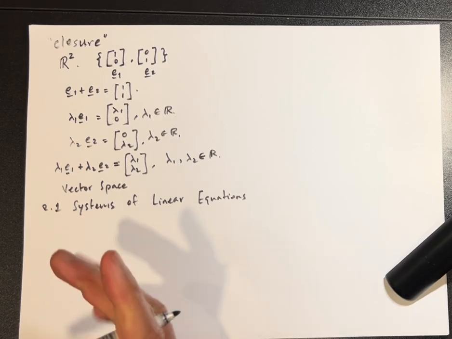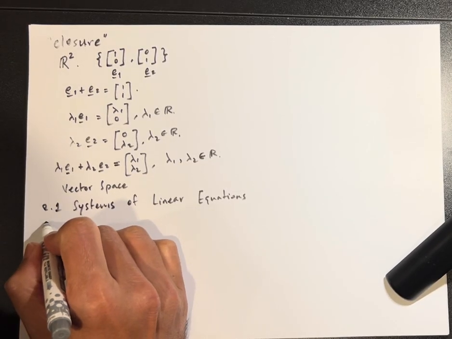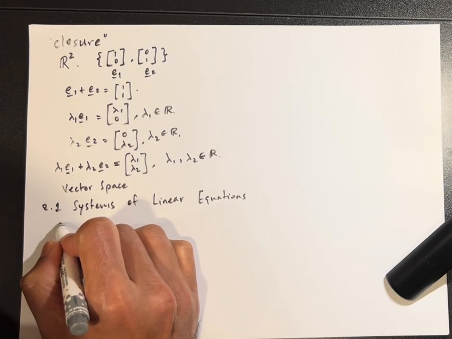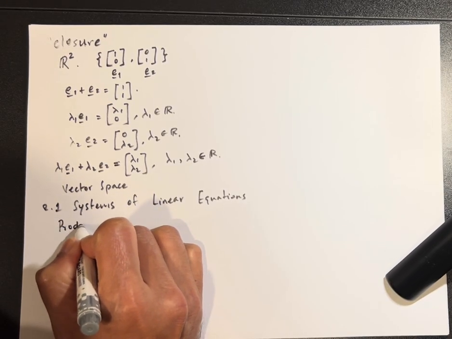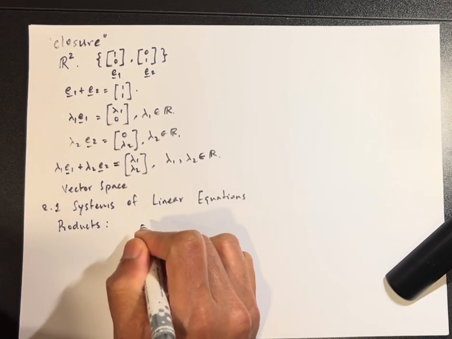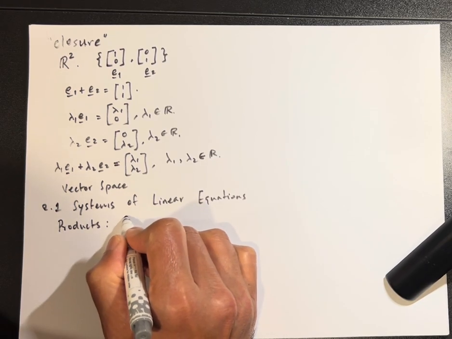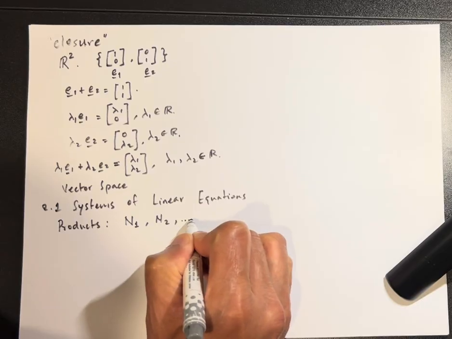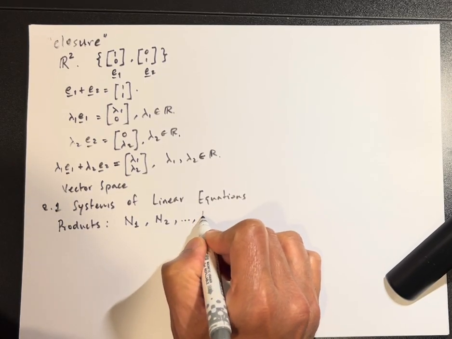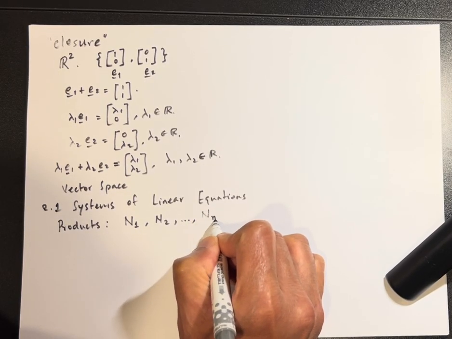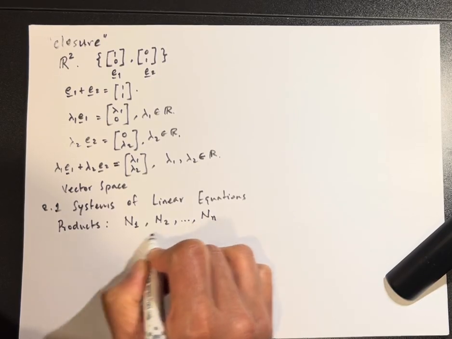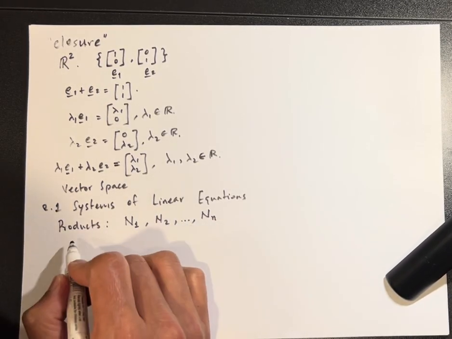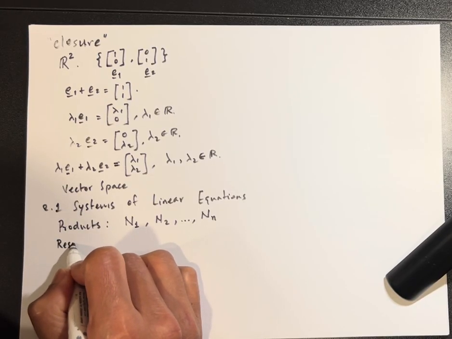Okay, so now they're taking an example here of a company that produces products. The products are called uppercase N1, N2, all the way up to N subscript lowercase n. So there are lowercase n number of products, and they are made with resources.